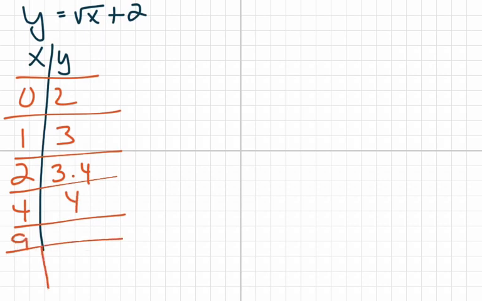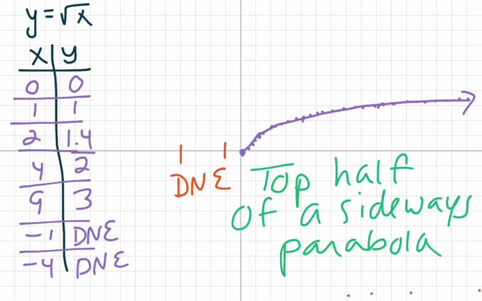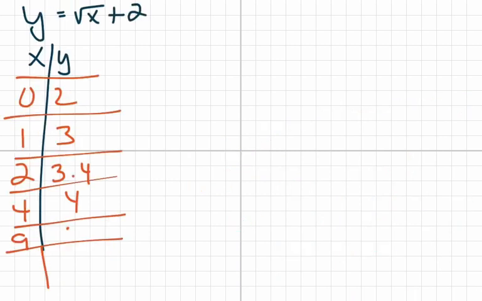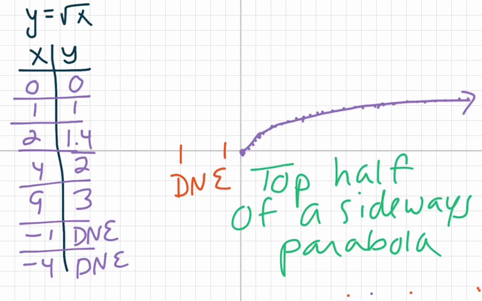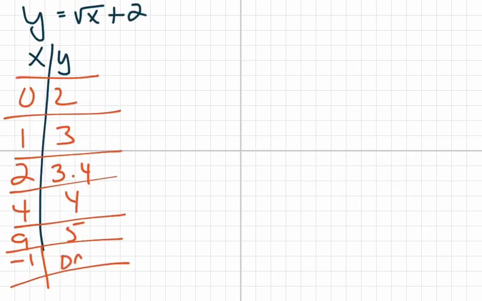When I plug in the 9, instead of having 3, I'll have 3 plus 2, which is 5. And then, of course, the -1 and the -4 are still going to be DNE.